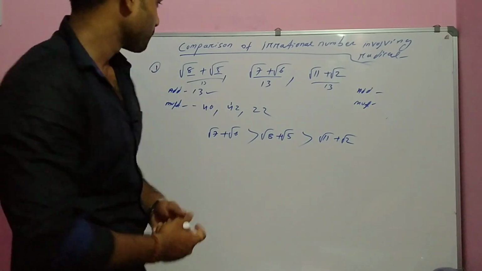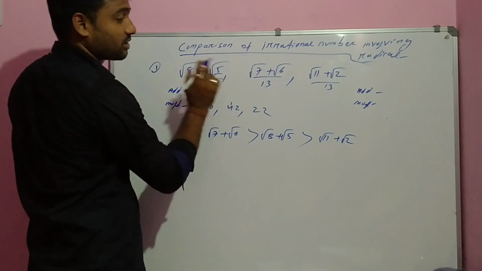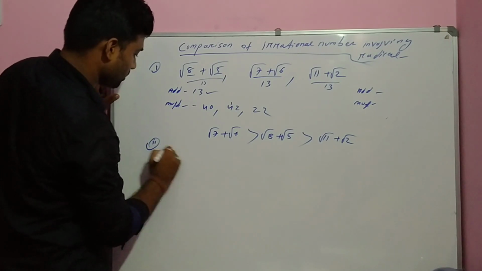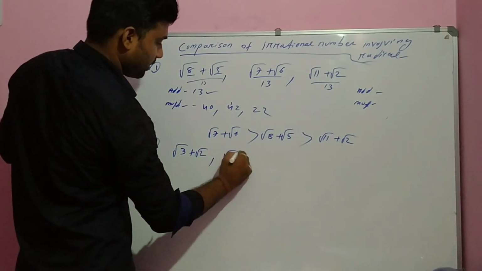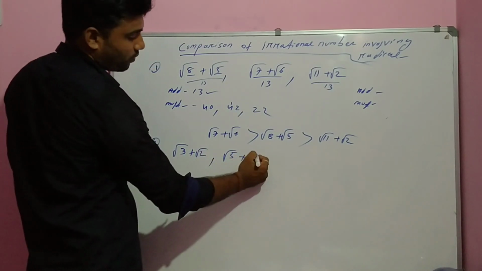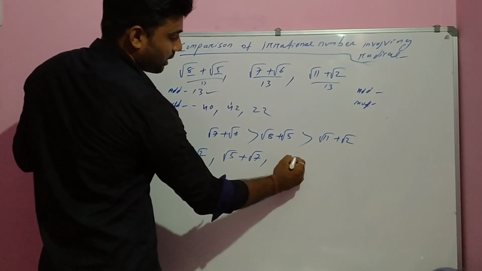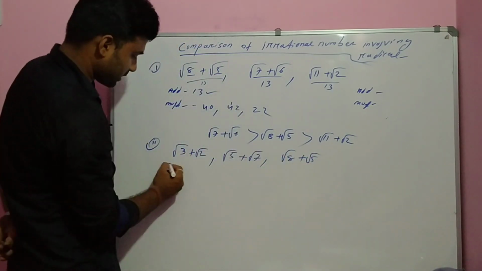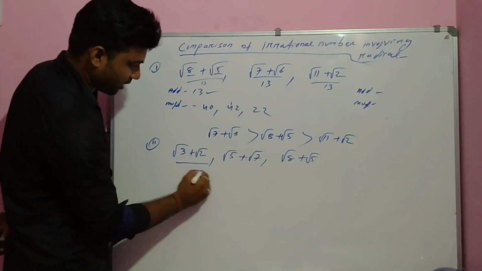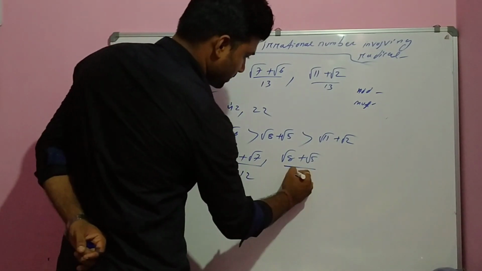If the addition is not the same, suppose the numbers are root 3 plus root 2, root 5 plus root 7, root 8 plus root 5. How do we compare? The additions are 3 plus 2 is 5, 12, and 13.